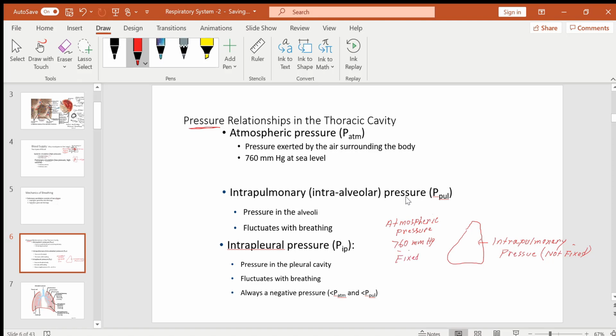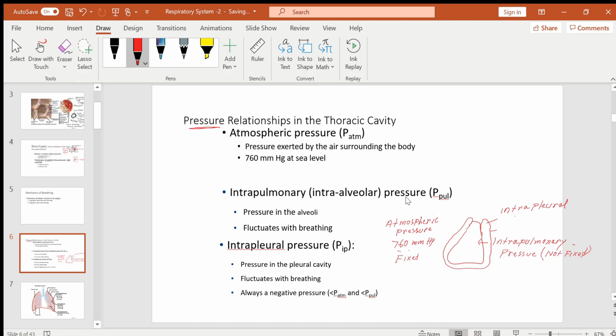Okay, and you remember the pleural space. I talked about that. The pleura is the covering of the lung, which has two layers, right? And the space between the parietal and visceral is called intrapleural space. So the pressure in the pleural space is intrapleural pressure.